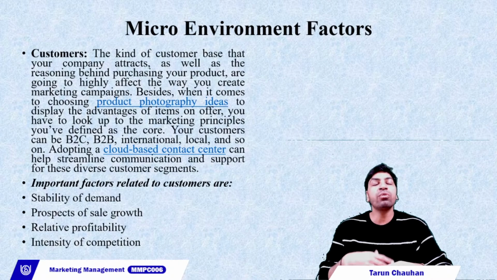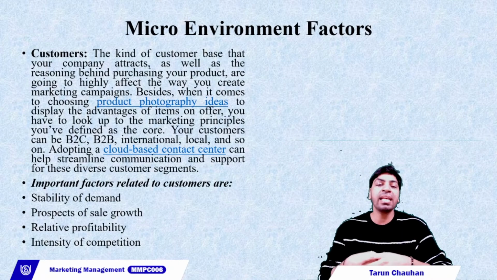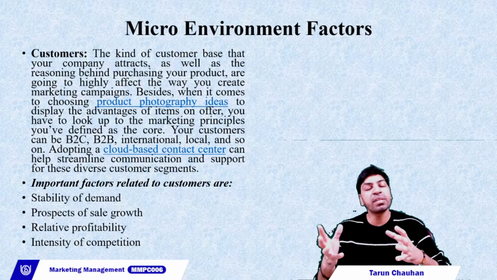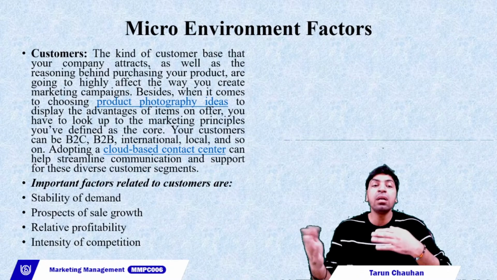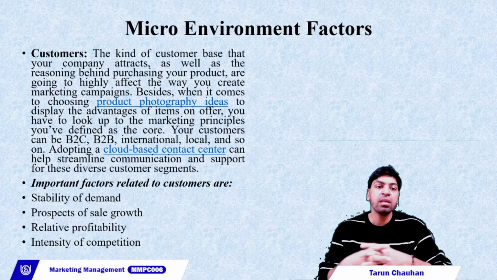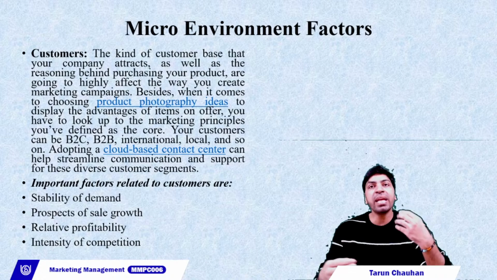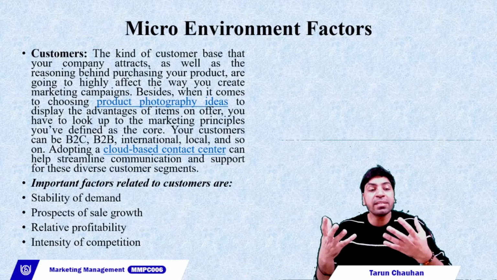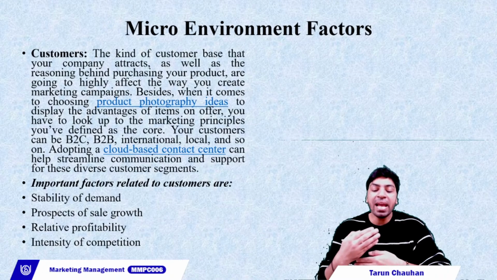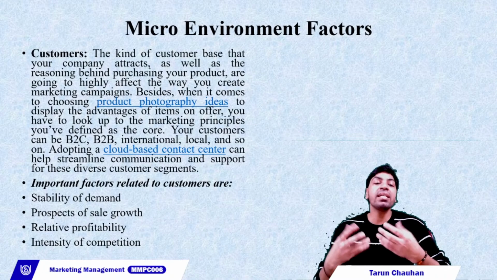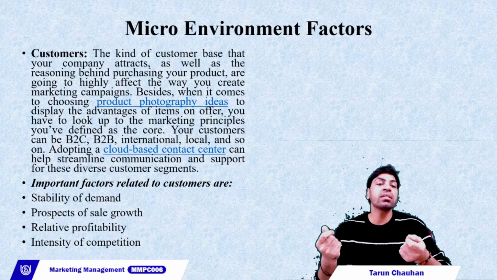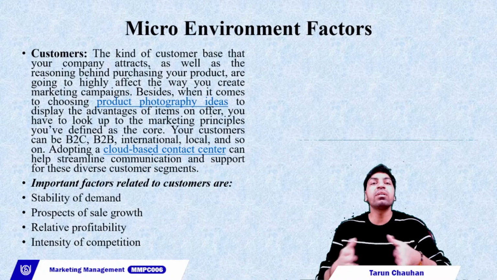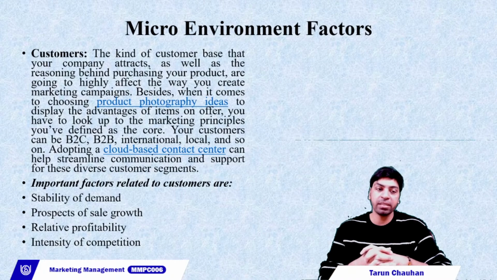Any company can prefer business to customers, or business to business, at an international, local or domestic level. So there should be an automated contact center, a cloud-based center, that will help solve queries within seconds and have smooth communication and support with diverse customer segments as well.